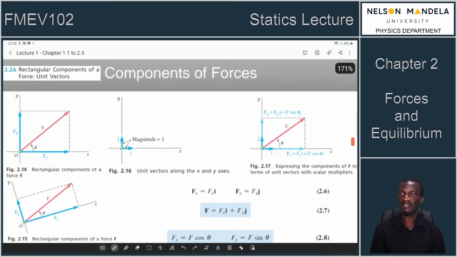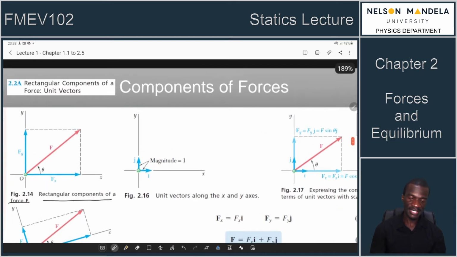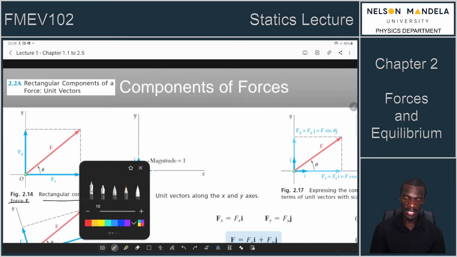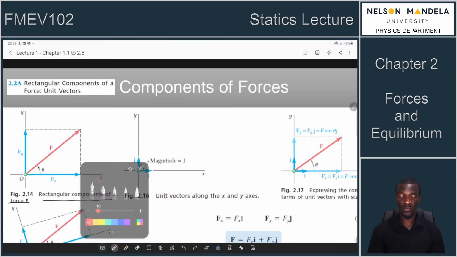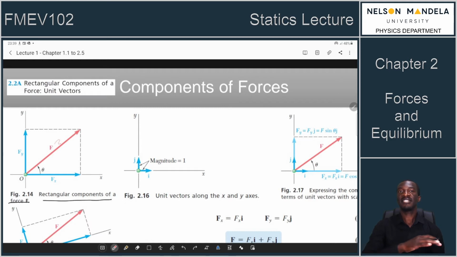So there we have it. We've got components of forces. The first one is giving us the rectangular components of a force. So the rectangular system simply has an X and Y axis. Origin is usually denoted by an O. And the force that you draw is in space, right? So this force is first drawn, and then you can put a reference frame onto it.